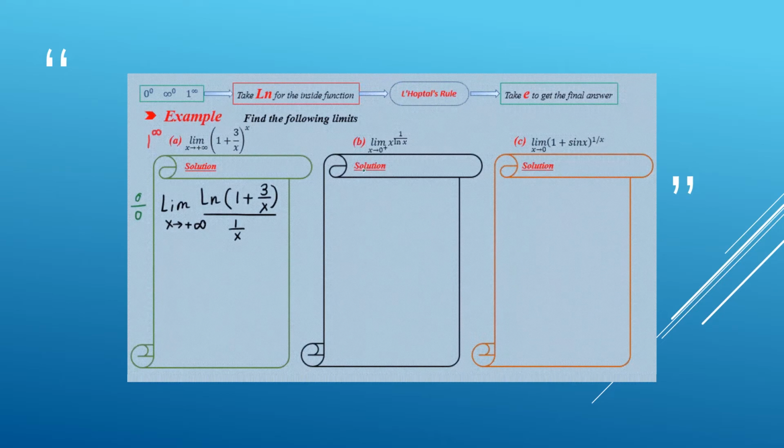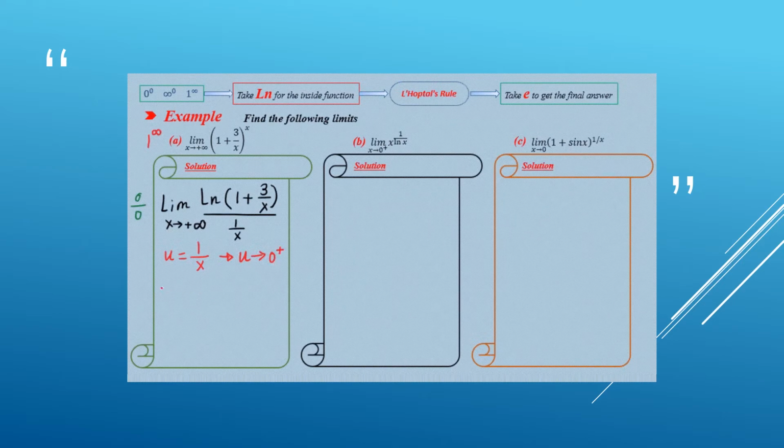But before we do that, we can simplify or use a special substitution to reduce the function. So you can put u equals 1 over x. So when x goes to infinity, u goes to 1 over infinity, which is 0 from right.